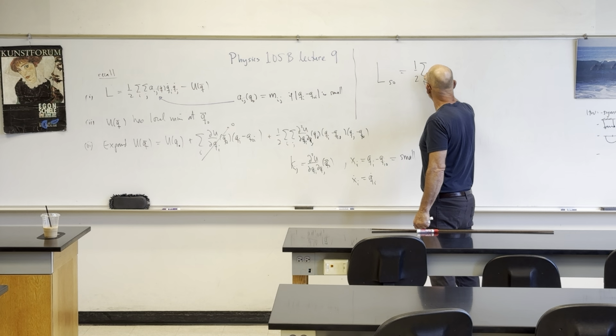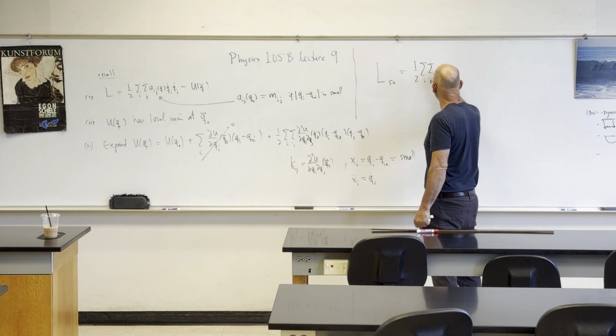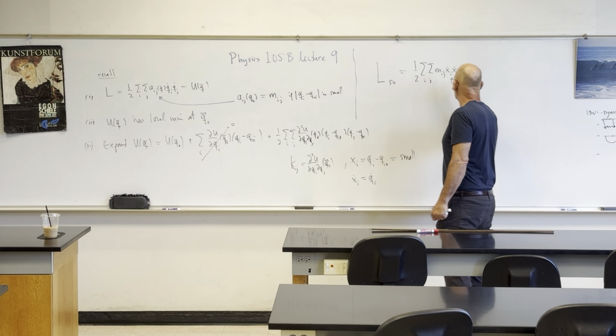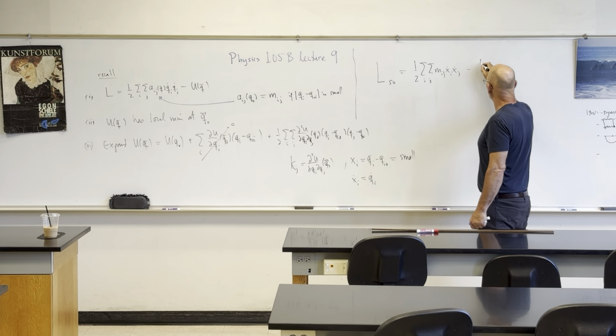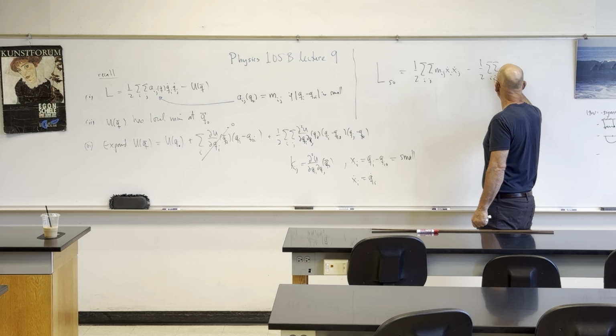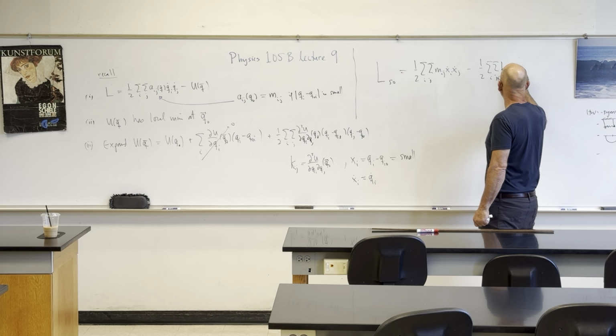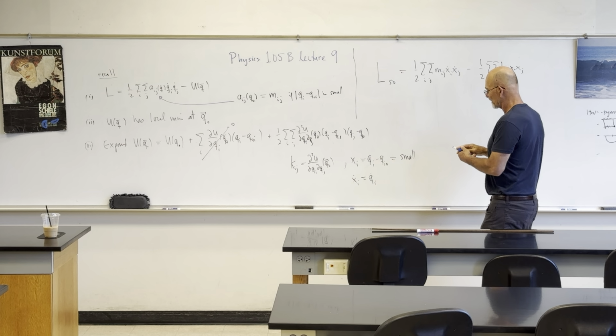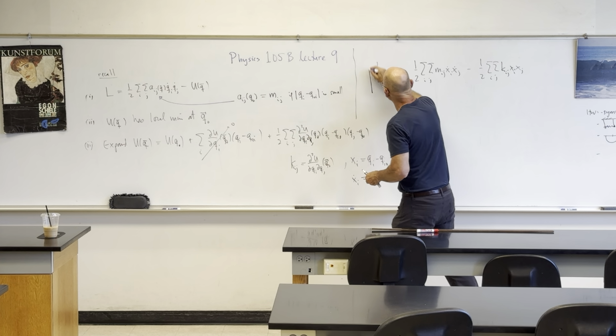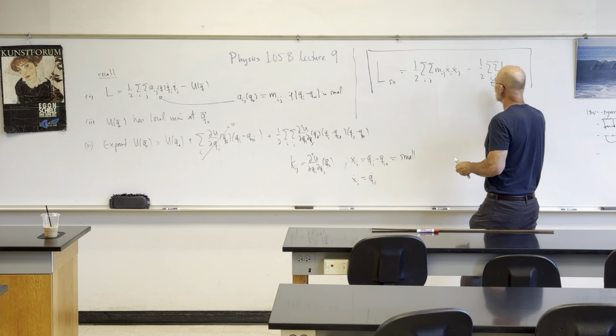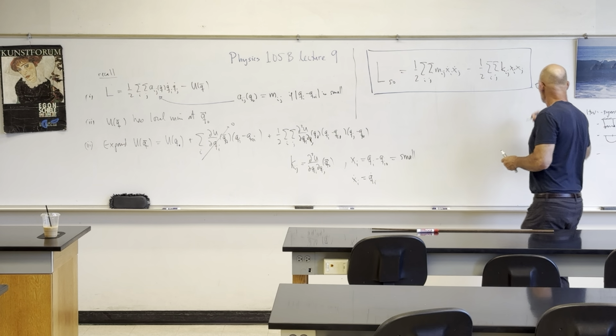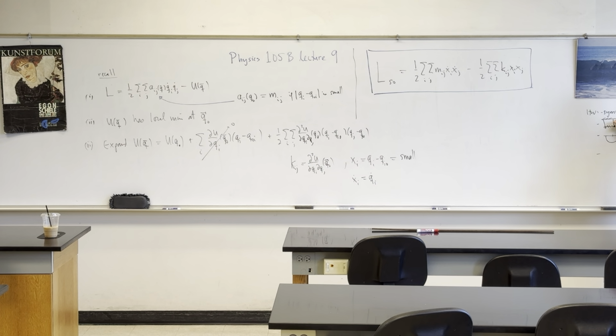1/2 double sum ij mij xi dot xj dot minus 1/2 double sum ij kij xi xj. This is the object that we're going to work with. And then on all these systems here, we're going to set that up systematically.